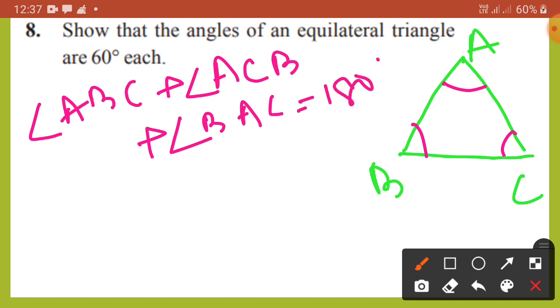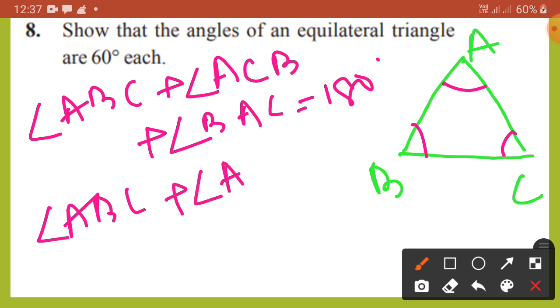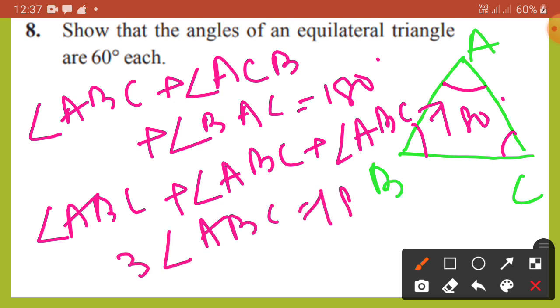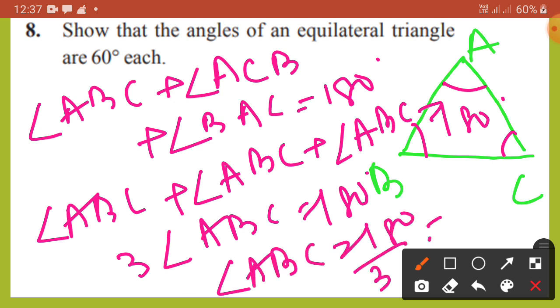Now angle ACB is equal to ABC, and also angle BAC is equal to angle ABC, already proved before. So this is equal to 180 degree, that means 3 of angle ABC equal to 180 degree. So angle ABC equal to 180 degree by 3 equal to 60 degree. So ultimately we got that angle ABC equal to 60.